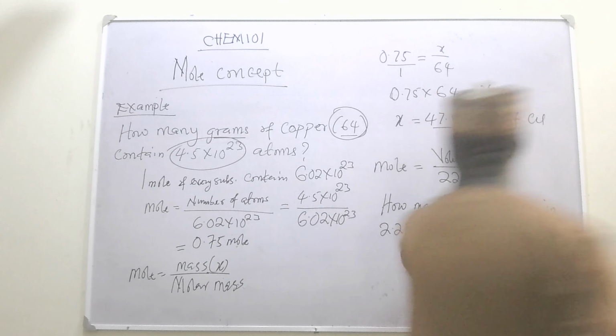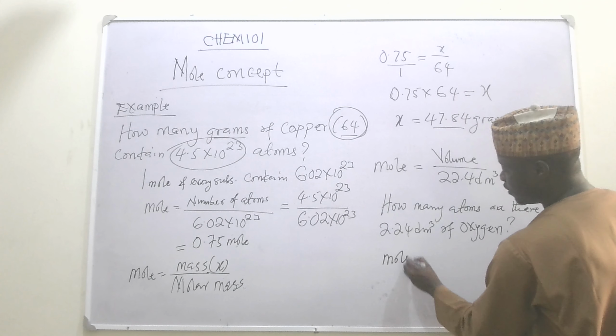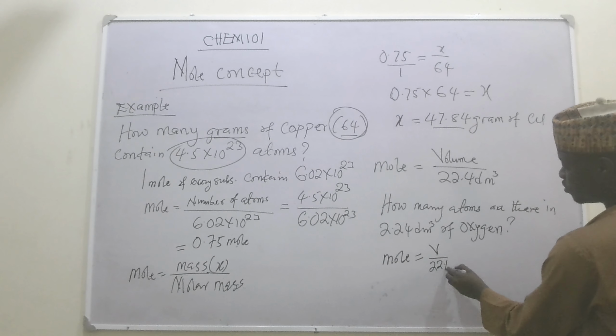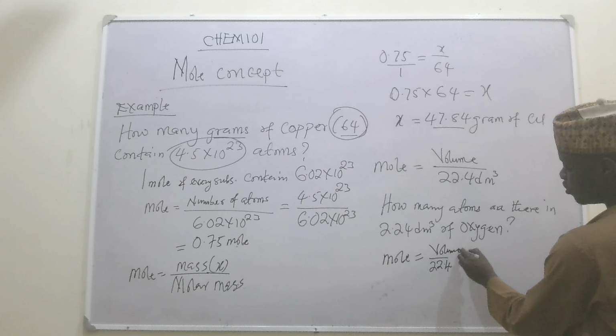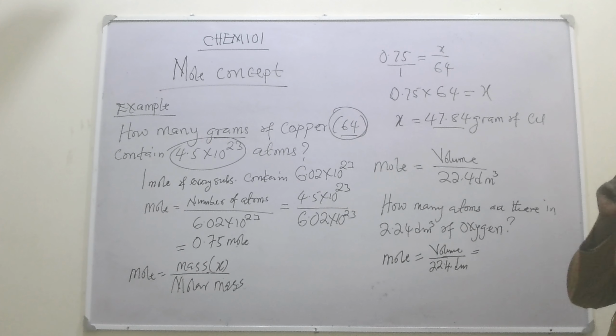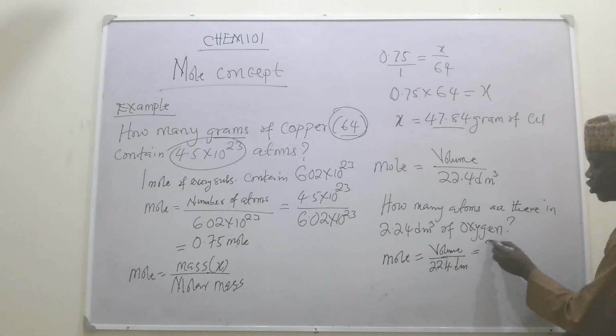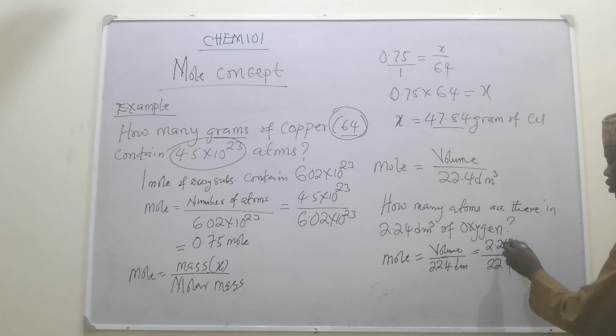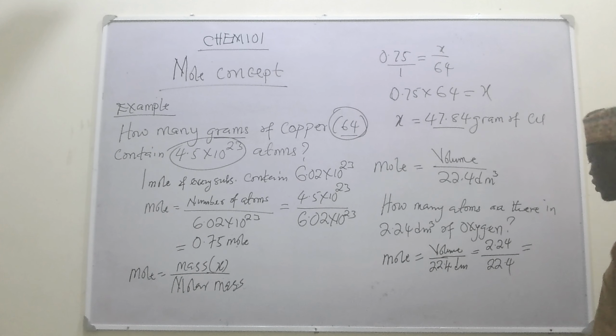Applying this formula, mole is equal to volume over 22.4 dm cube. We already have the volume as 2.24, so we say 2.24 divided by 22.4. If you divide this, we get 0.1 mole of oxygen.